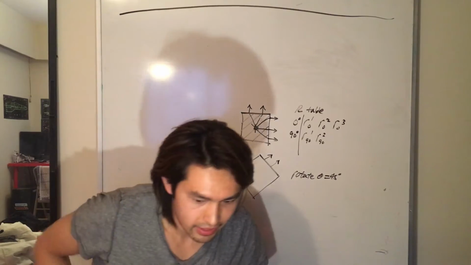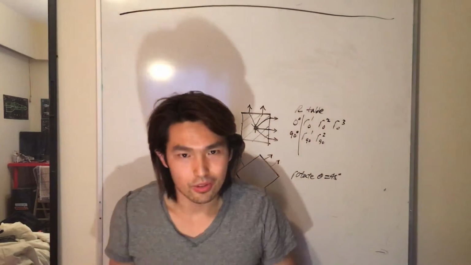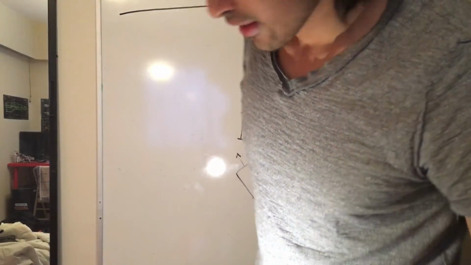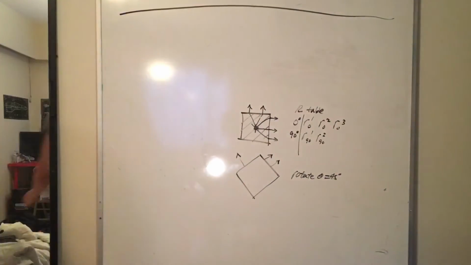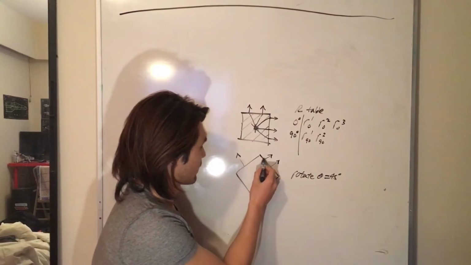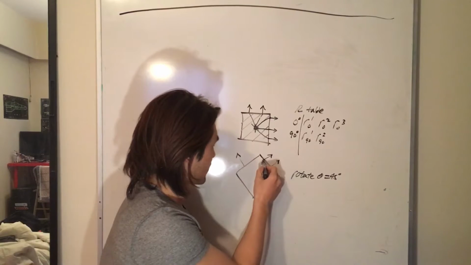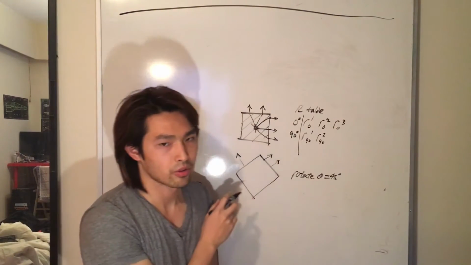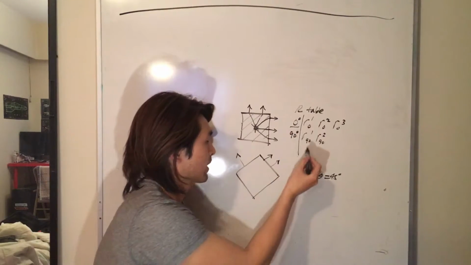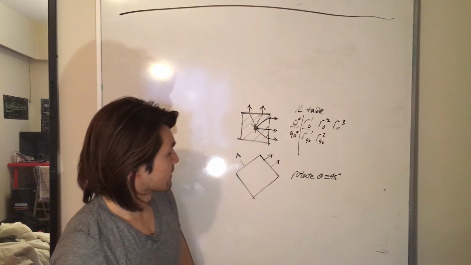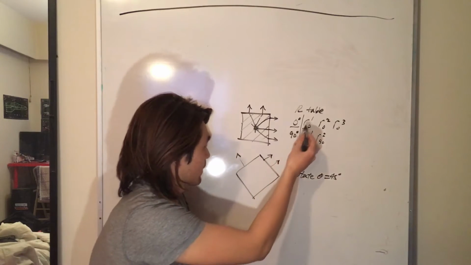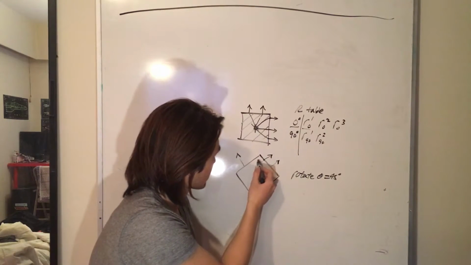So what I would do is, for this vector, I would rotate it by 45 degrees. And now, this vector will be at 0 degrees. So now I go to this table, and I look for this vector. And this vector would aim in 3 directions.